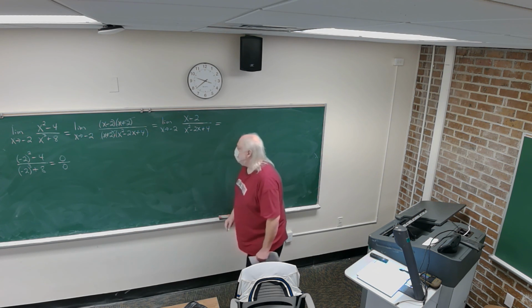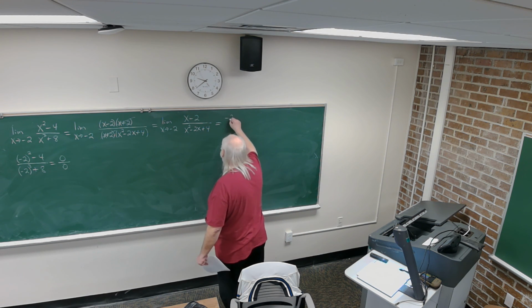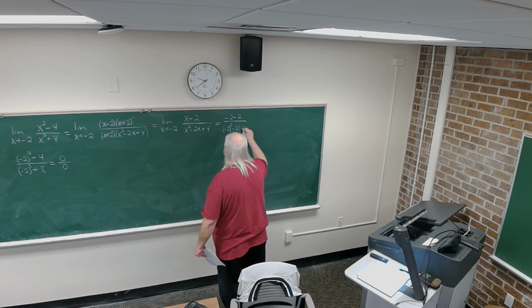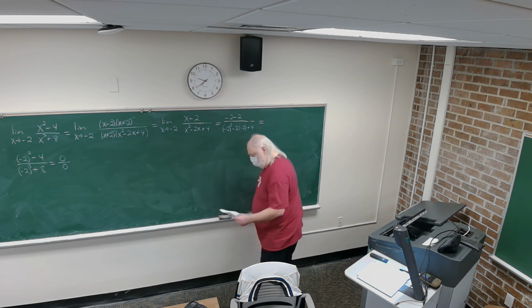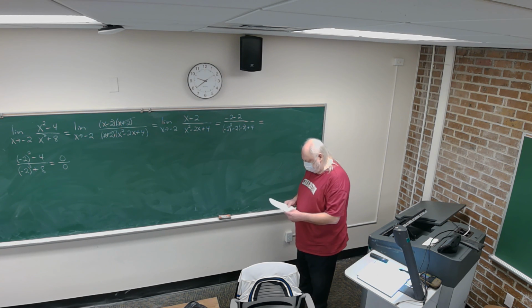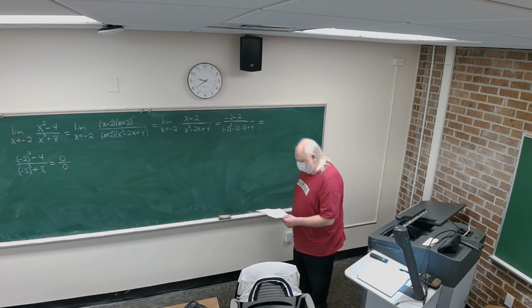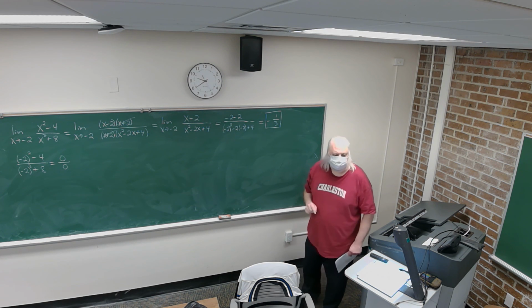And now we can do the direct substitution. So we put minus 2 in for x. And then you do the arithmetic. And when I did the arithmetic, I got minus 1/3 after reducing the fraction.